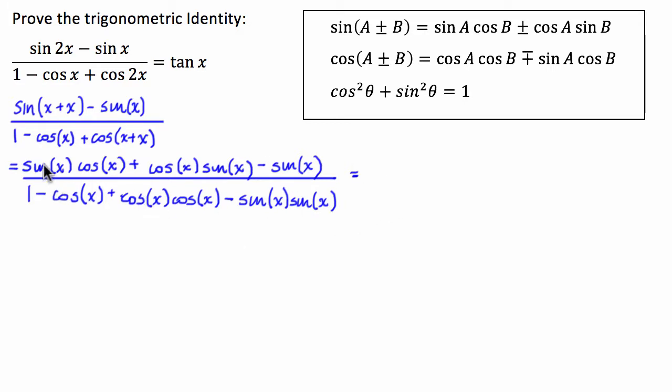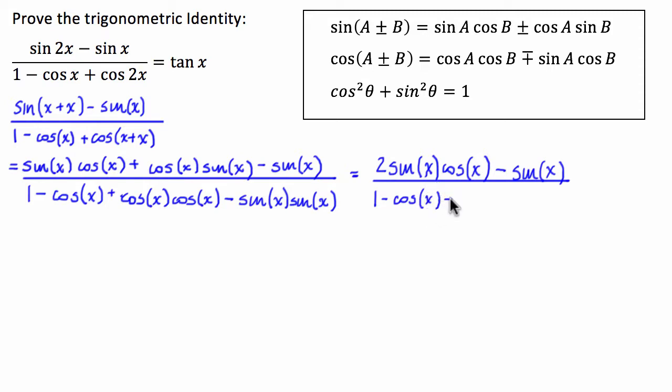So I can say that in the numerator we're left with 2 sine of x cosine of x, and that's going to be minus sine of x, all divided by 1 minus cosine of x, and I'm going to just put this into cos squared and sine squared.